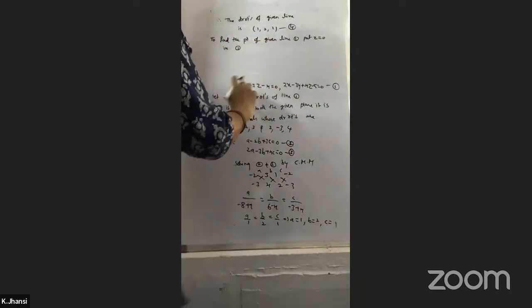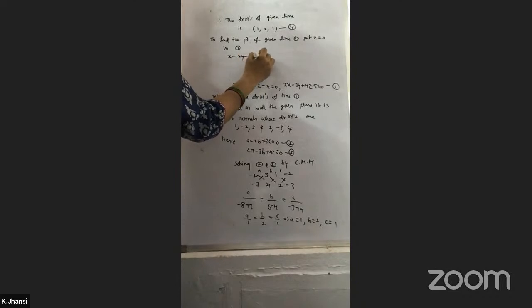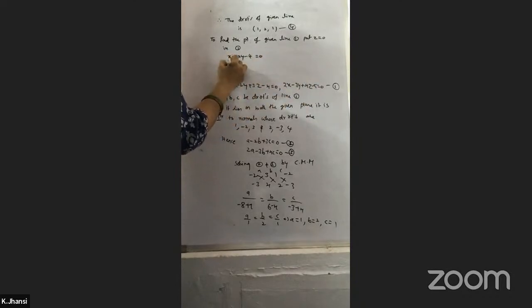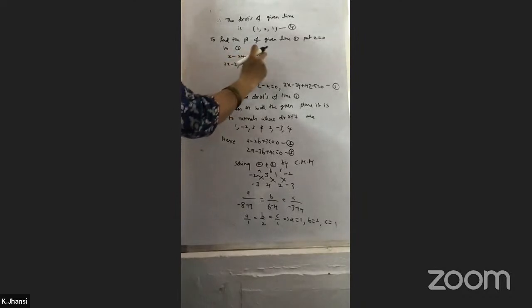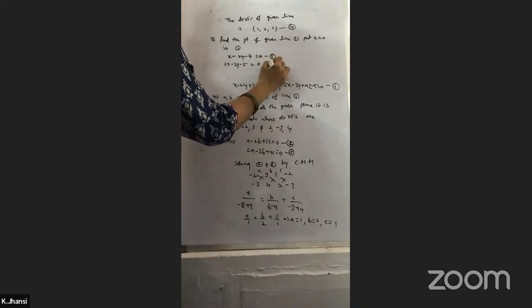Okay. So in this, if we put z equals to 0, what will we get? x minus 2y, this value is 0, minus 4 equals to 0. This is 2x minus 3y minus 5 equals to 0. Okay. We got 2. So you can take this as 5th equation and 6th equation.